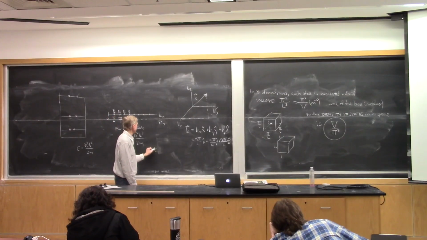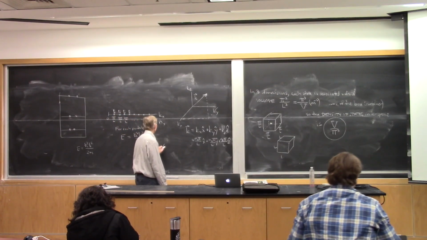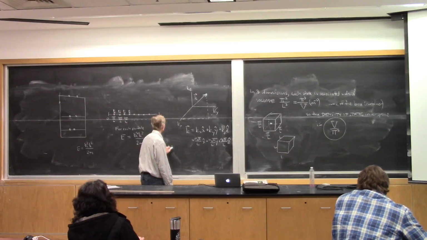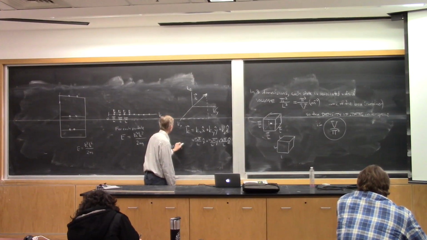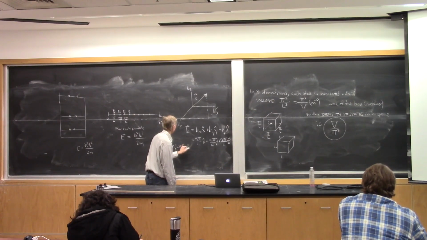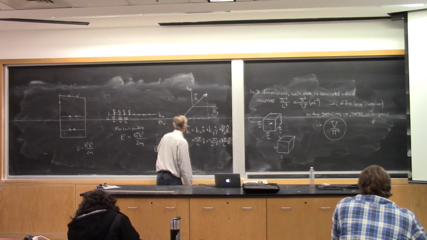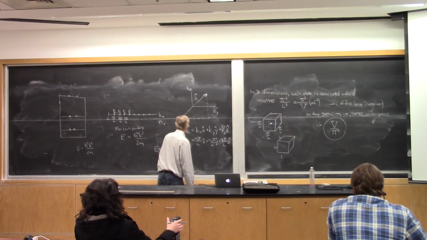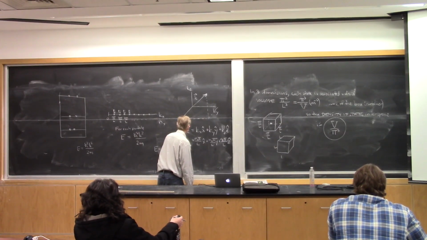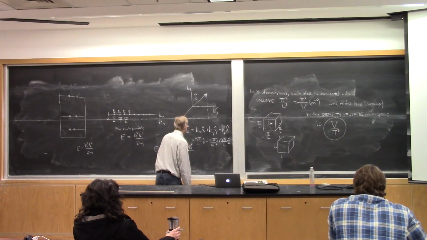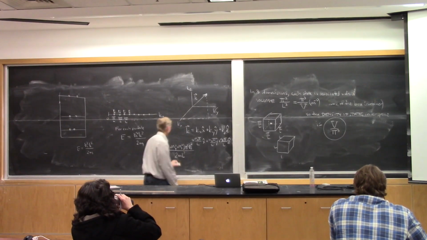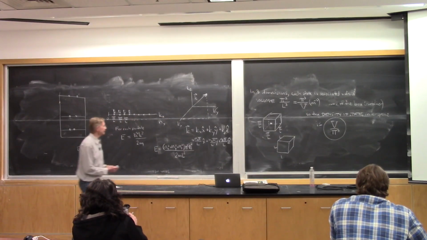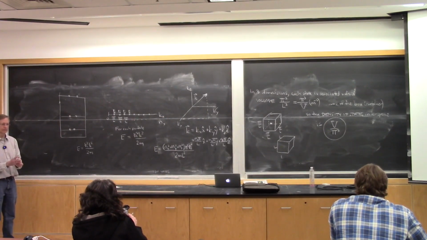The energy is nx squared plus ny squared plus nz squared times pi squared h bar squared over 2m L squared. If we're in n space, that's what we said the energies were.